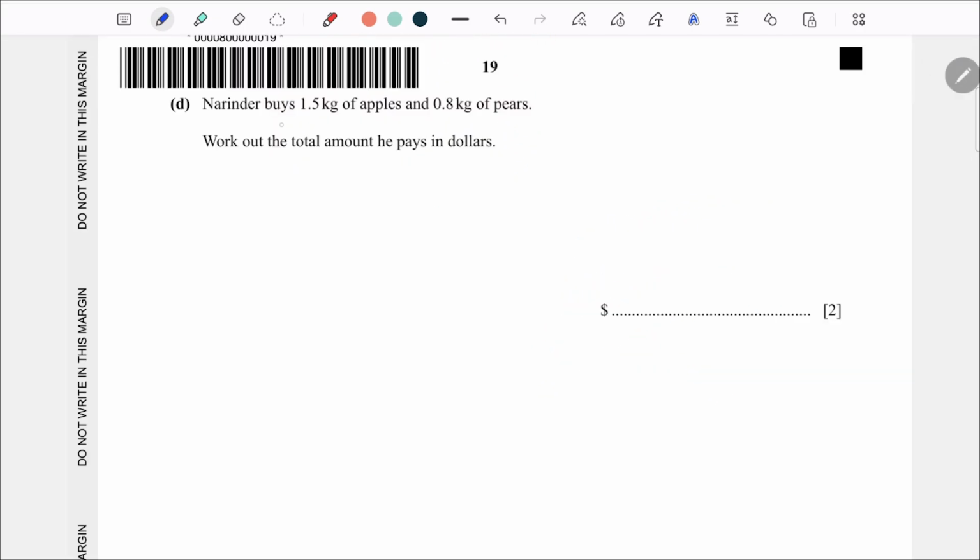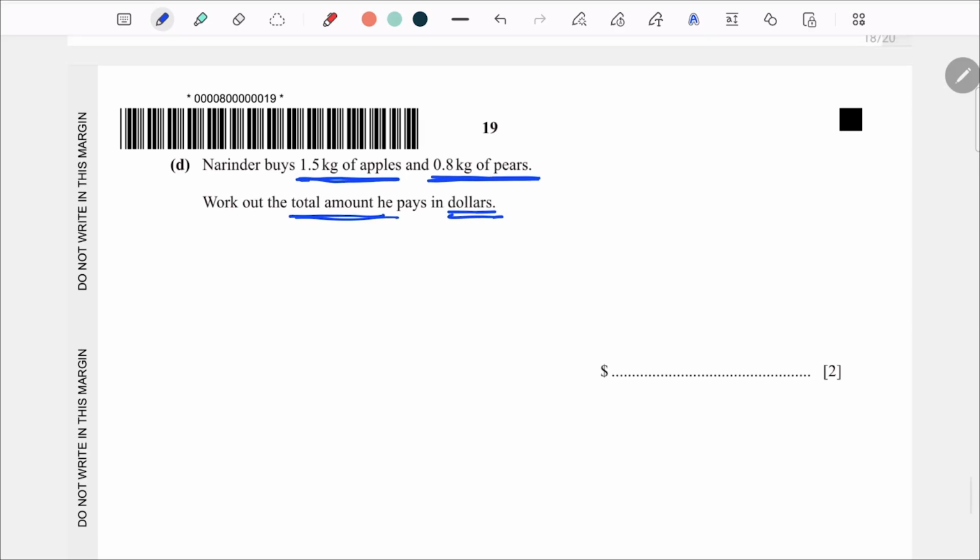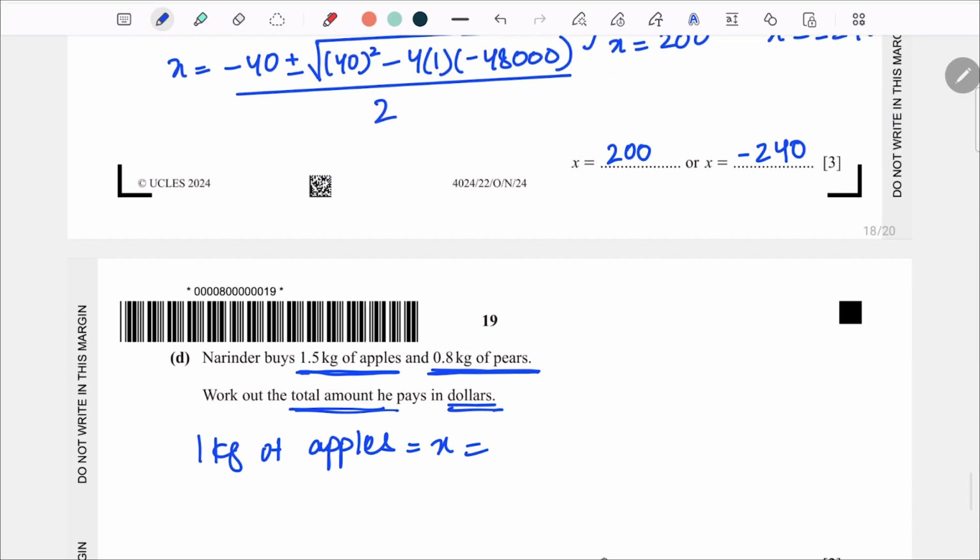Part D. Narendra buys 1.5 kg of apples and 0.8 kg of pears. Work out the total amount he pays in dollars. So 1 kg of apples was denoted by x, and we're going to reject the negative answer because price can never be a negative.